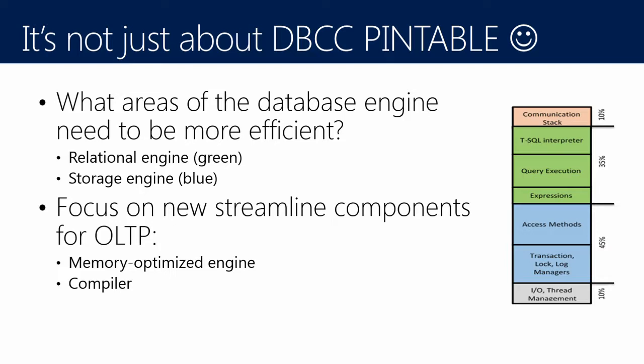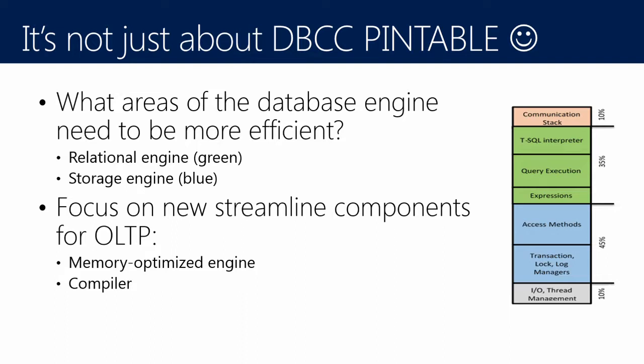this is not just about putting things into memory, because we could do that. We could take our current B trees, heaps, whatever it is, and put them into memory. But things would not necessarily be faster, okay? Because you've got scans going on, you've got seeks going on, you've got different access methods going on, etc. So it's not just about putting things into memory, because you still need to traverse structures in memory, okay? So we need to rethink things.